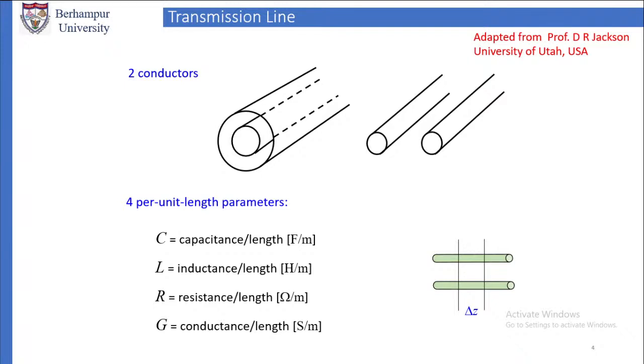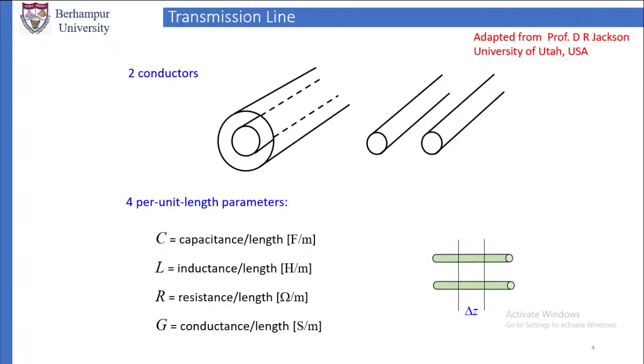Capital C is equal to capacitance per unit length. Its unit will be farad per meter. Capital L is inductance per unit length. Its unit is Henry per meter. R is resistance per unit length and its unit is ohms per meter. G is conductance per unit length. Its unit is Siemens per meter. These are per unit length, that is, per unit length of the transmission line.